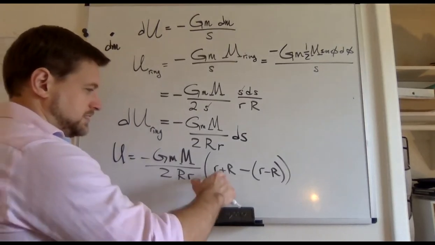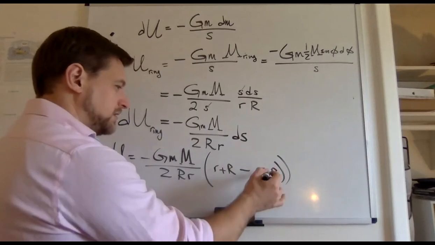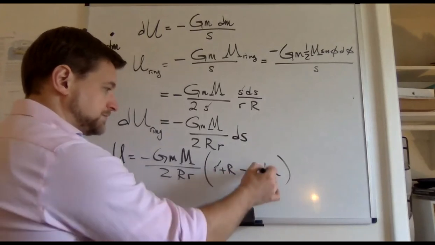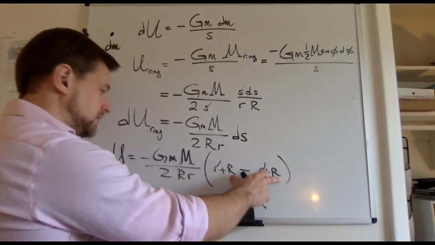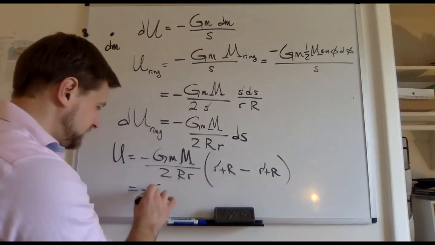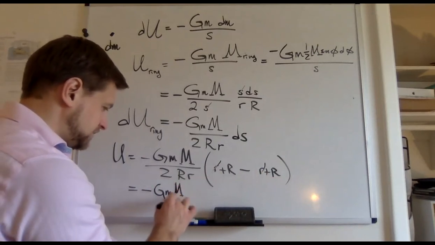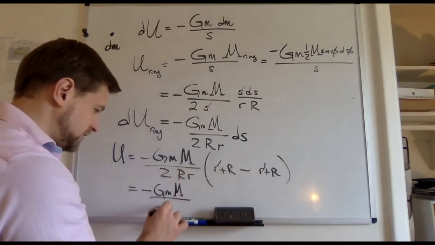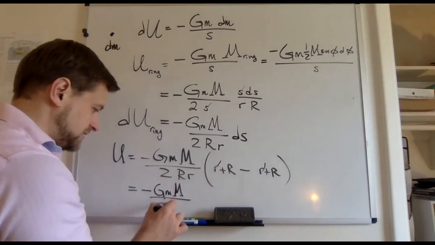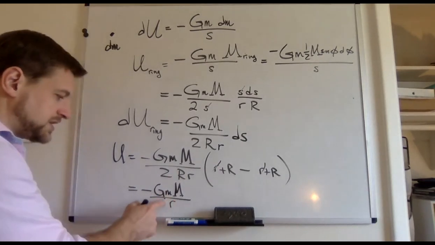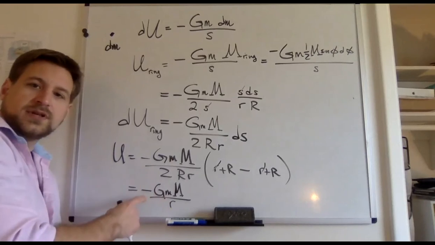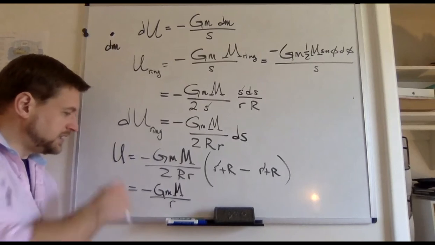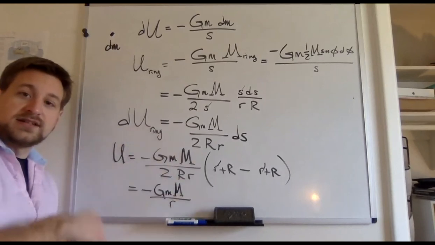This is going to get us, let's distribute the negative, minus r plus capital R. The little r's are going to cancel, and we're going to have 2 capital R, negative G m capital M. The 2 cancels the 2, the capital R cancels the capital R, and we just have the lowercase r. And this is the expression that we would have if we assumed that both objects were points. So we get the same answer if one of them's a point and the other one is a spherical shell.